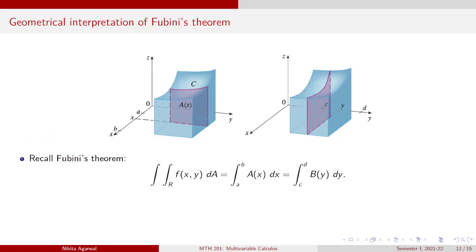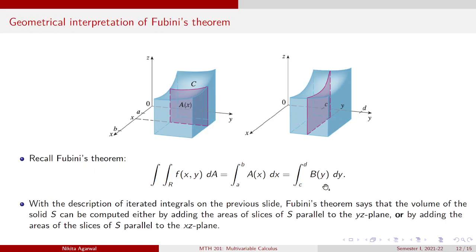Okay, so recall Fubini's theorem. What is Fubini's theorem? The double integral is the same as integrating A(x) or integrating B(y). So with the description of iterated integrals on the previous slide, Fubini's theorem says that the volume of the solid S can be computed either by adding areas of slices of S parallel to the yz plane, as shown in the left figure, or by adding the areas of the slices of S parallel to the xz plane, as in the right figure.